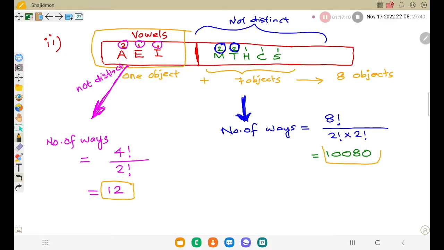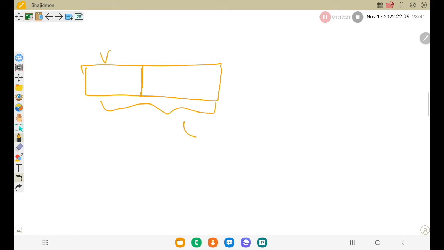Here it is 10080. So in brief, like this, see, I have these 2 objects. Vowels will be there here, and here not vowels. So first, totally how many ways we are arranging, we are calculating. This one is frozen. Correct? This is frozen, and how many ways totally we are calculating, take it as one object, plus how many here, total objects divided by repeating factorials, like that.